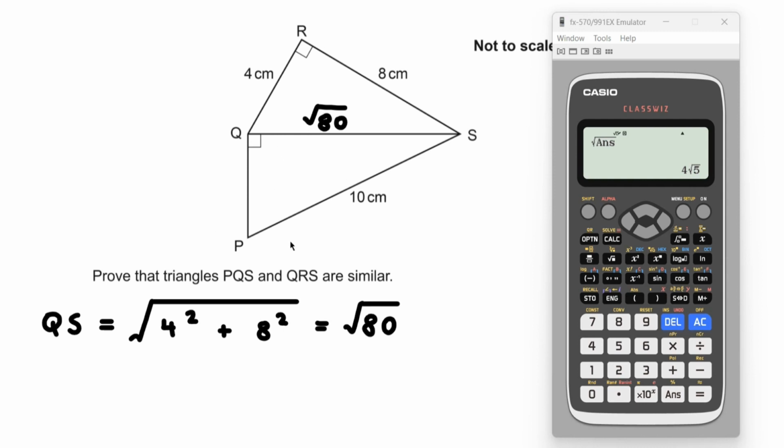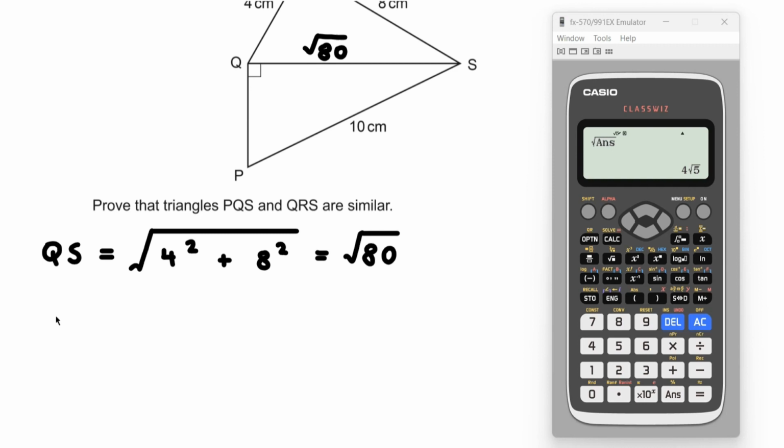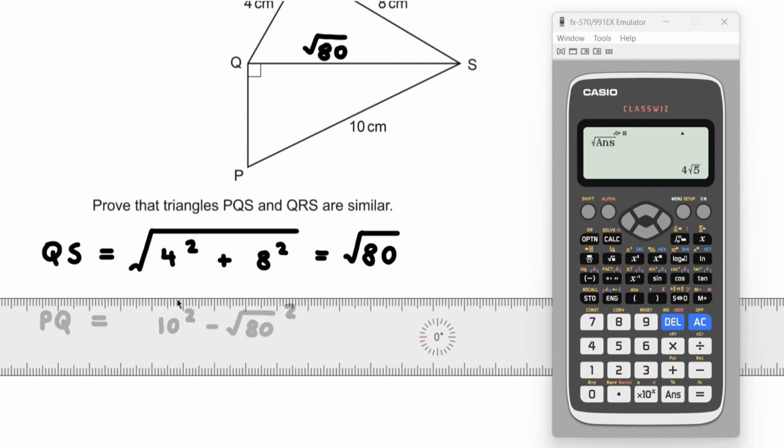With this, I can find out what PQ is. PQ, that's equal to 10 squared subtract root 80 squared, square rooted.